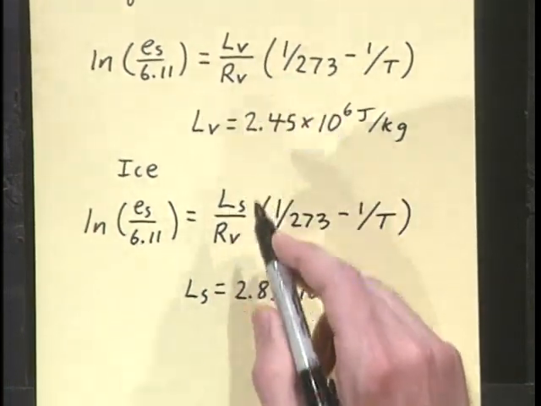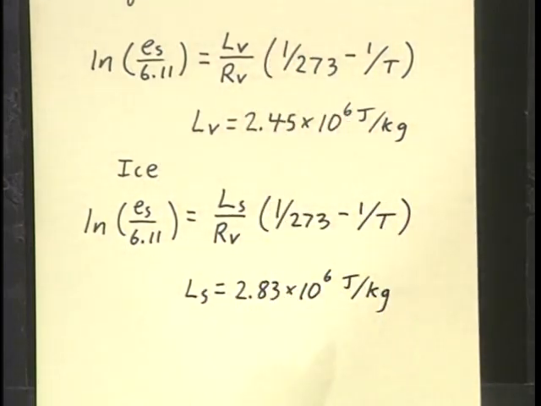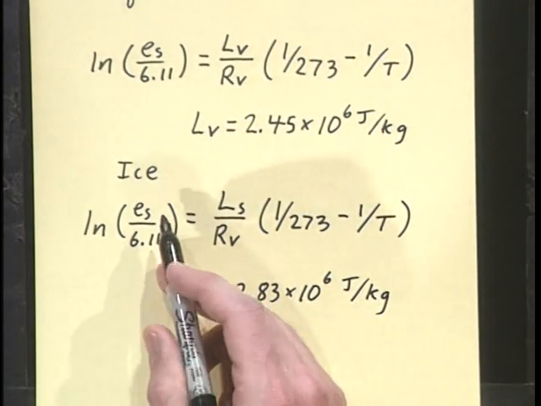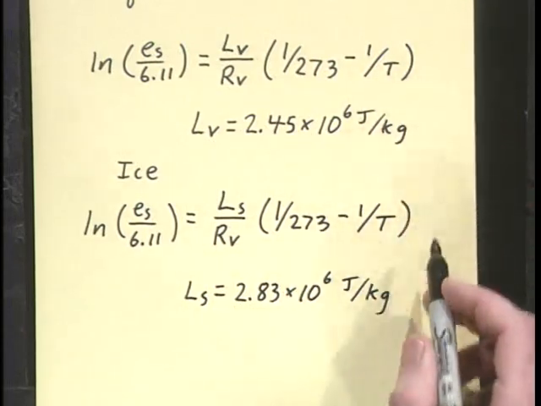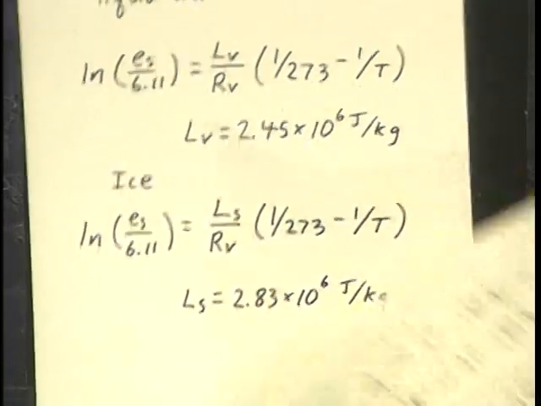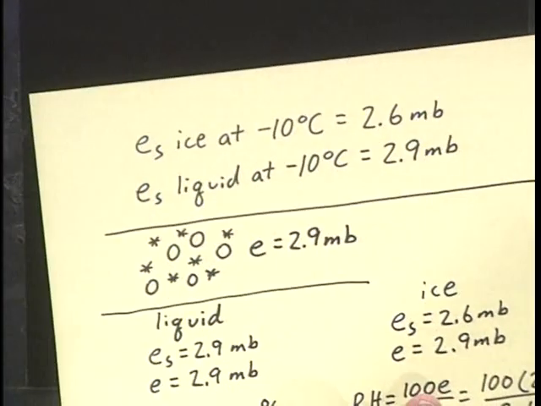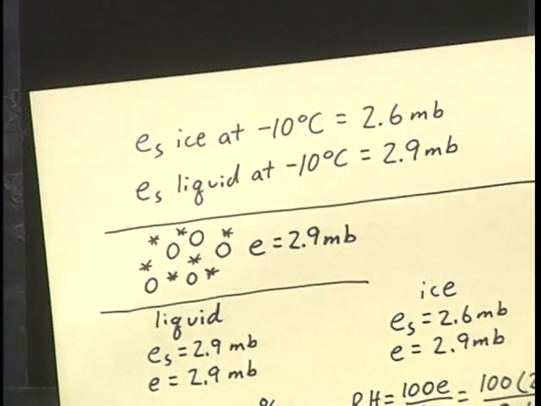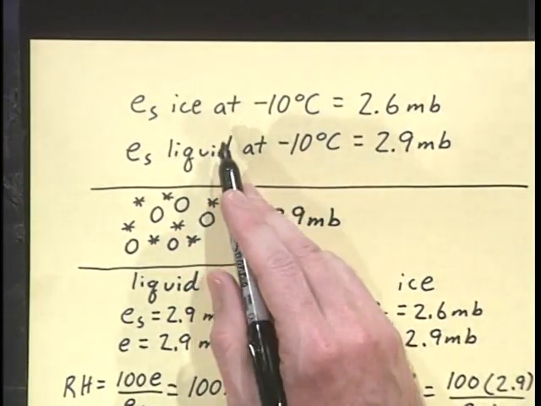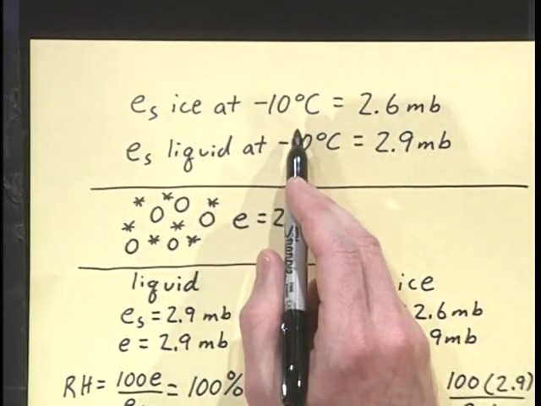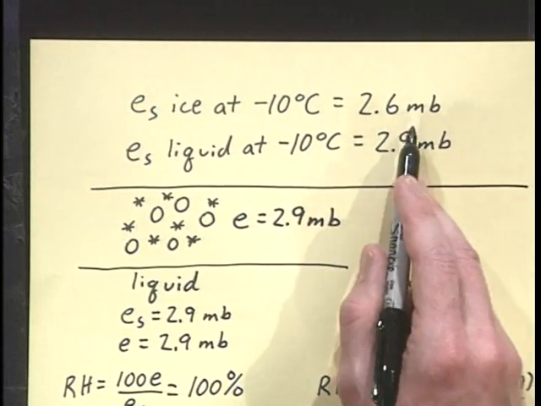So since these constants are different here, that's going to have implications on what the saturation vapor pressure is even when the temperatures are the same. So the saturation vapor pressure over ice at minus 10 degrees Celsius is 2.6 millibars.